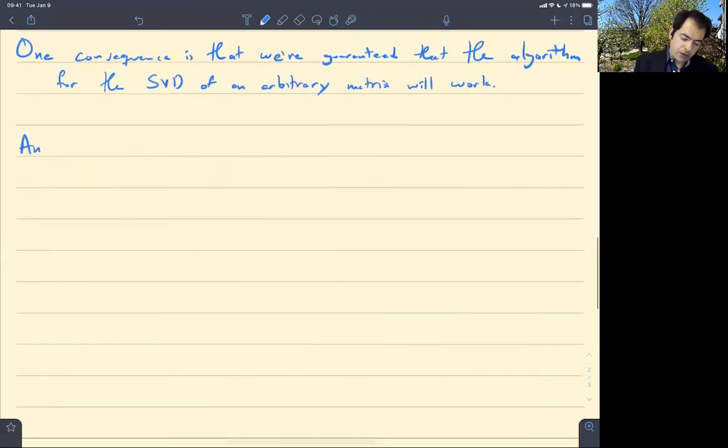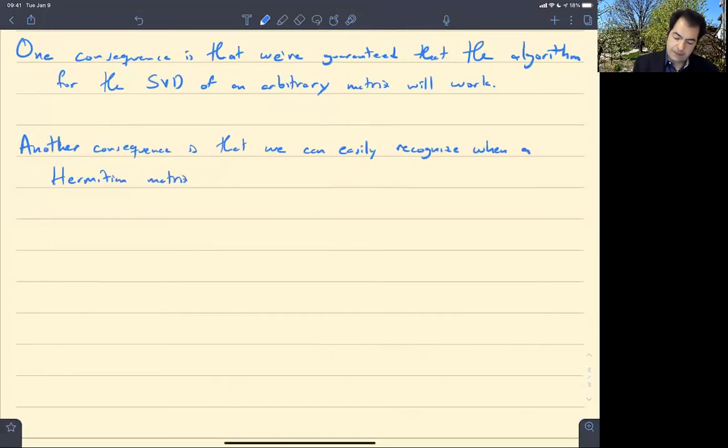Another consequence is that we can easily recognize when a Hermitian matrix or a self-adjoint map has only positive eigenvalues.